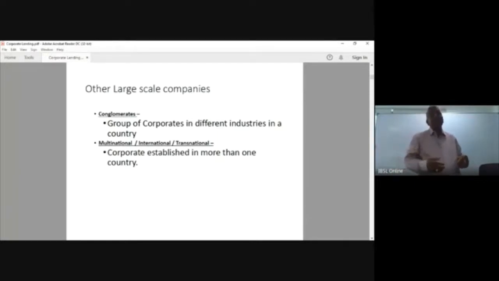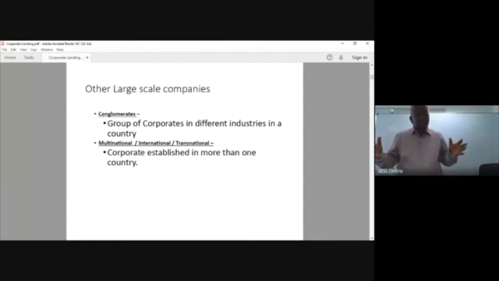For example, in Sri Lanka, Hayleys is a big, well-reputed group of companies, and John Keells, and there are many other similar groups. There is a particular term for them: conglomerates. Then there is another category, multinational, international, or transnational companies.